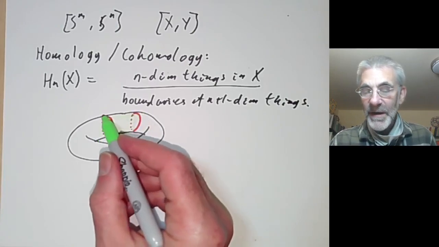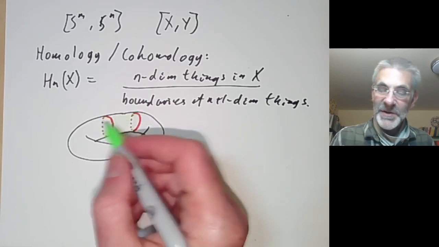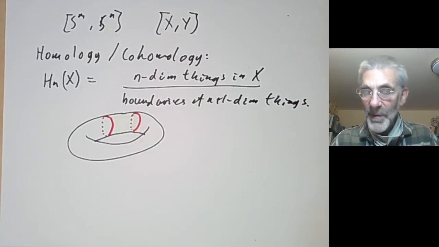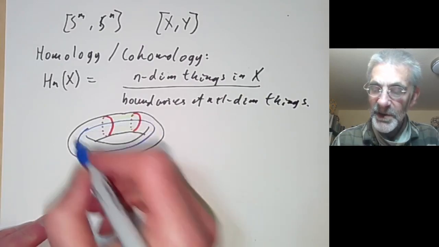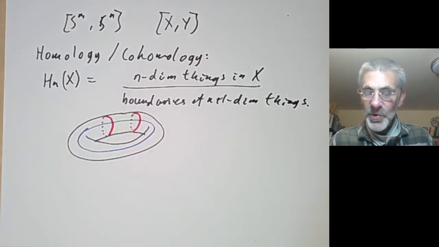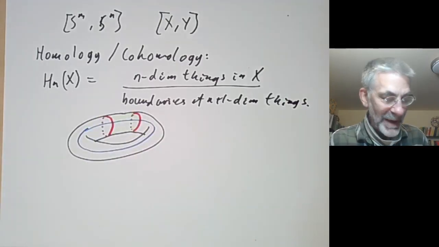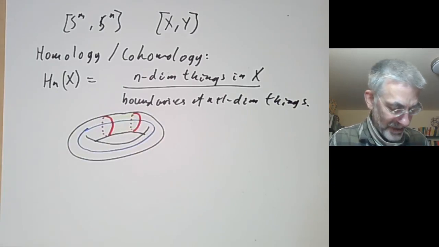So we can think of these two red one-dimensional things as being equivalent in the homology group. On the other hand, we might take a different one-dimensional thing, which might be this blue circle going round here. And if you try and make the blue circle and the red circle the boundary of something, you won't be able to do so. So this suggests the blue circle and the red circle are actually different.